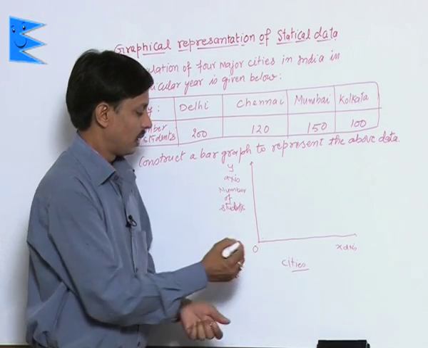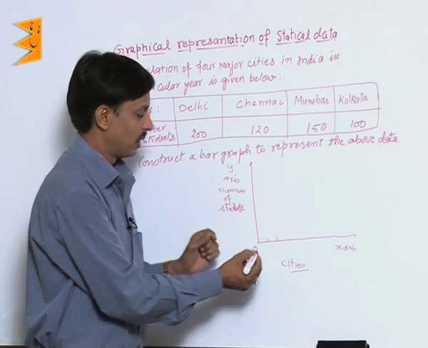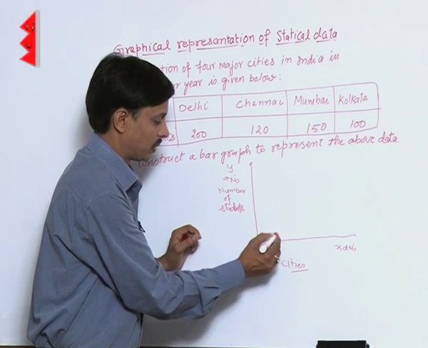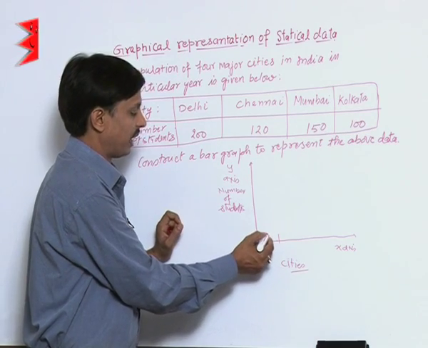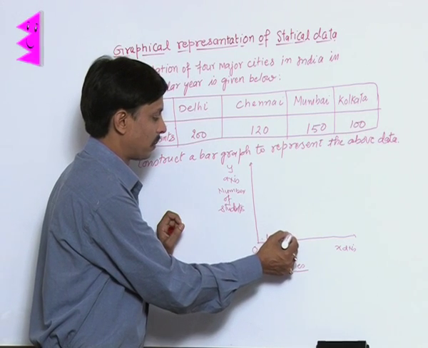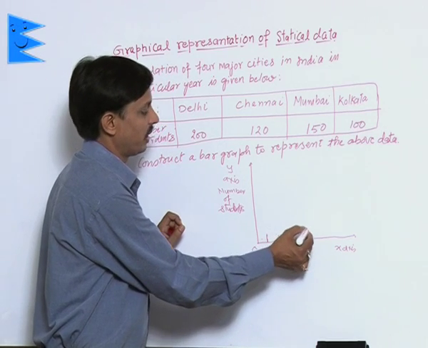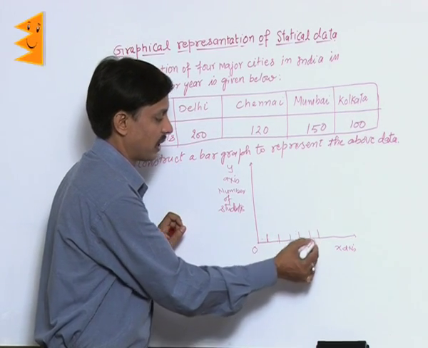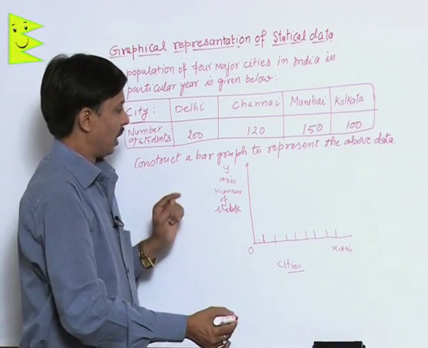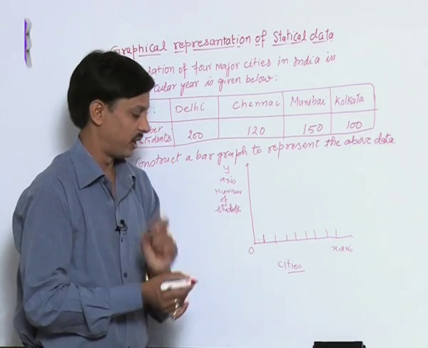Now if I take one part of the graph having some particular width, this represents the first city, Delhi. Then the next bar is for the second city, Chennai. The third bar is for Mumbai, at equal spacing and of equal breadth. And the last bar is for Kolkata. The number of students we can observe from the table is at most 200.